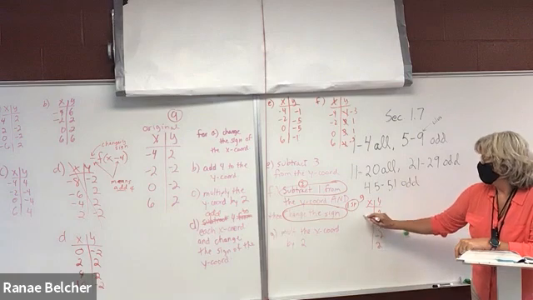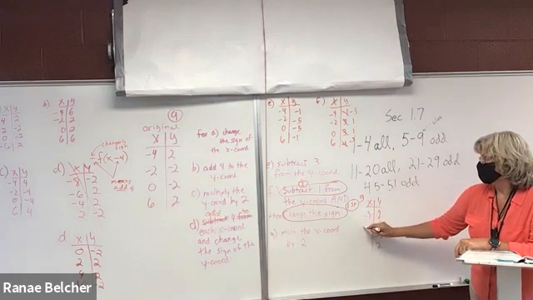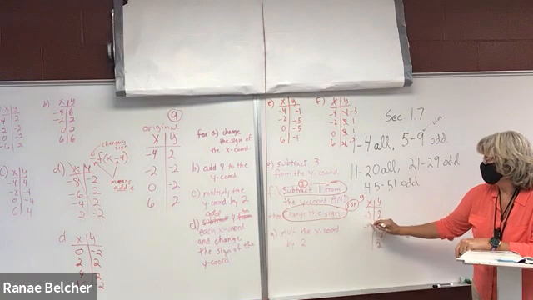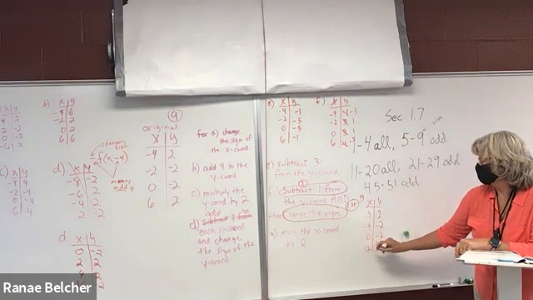So multiply it, that'd be negative 8, 4, 0, 12.